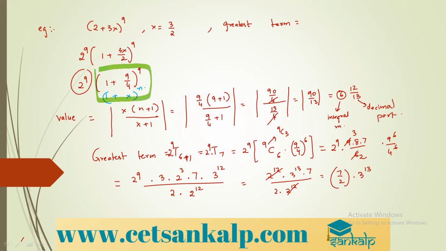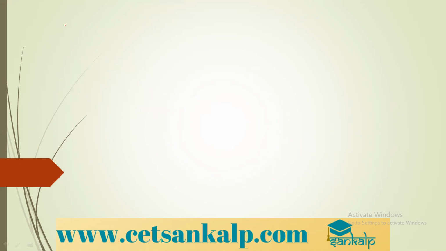Okay, so now I will give you one more formula. In the expansion of 1 plus x whole power n, I will give you the formula for the greatest coefficient also. That happens in two cases: if the power n is even and if the power n is odd.